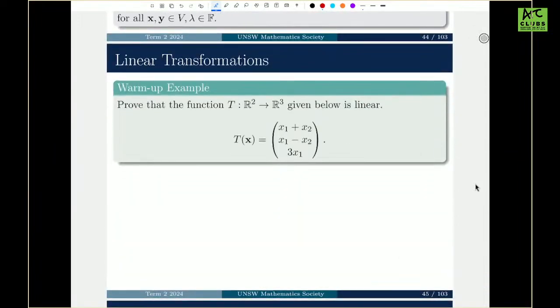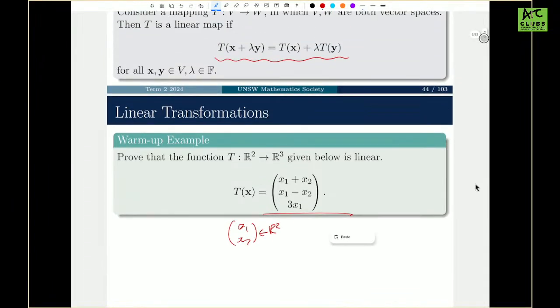Okay, show that this is linear. So this is a map from R squared to R cubed, and it works like so on the entries of some x1, x2 in R squared. So let's use that thing that we needed to show earlier.